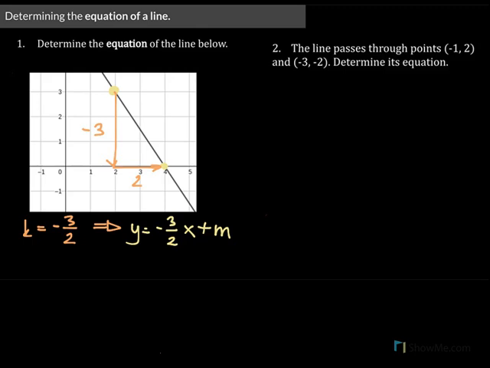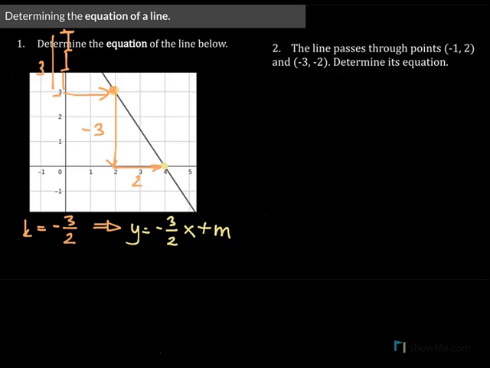I don't know what the y-intercept is, but now, even though I don't have the graph here, I will use the logic. I will use the same procedure with the slope as in the first video. In order to get to this point, I had to go 2 steps to the right and 3 up. So what point is this? I had to go 3 steps up.